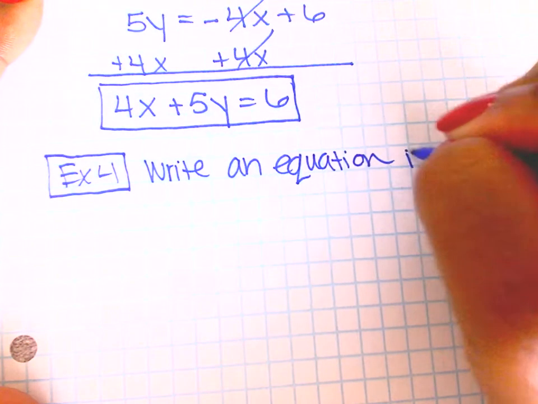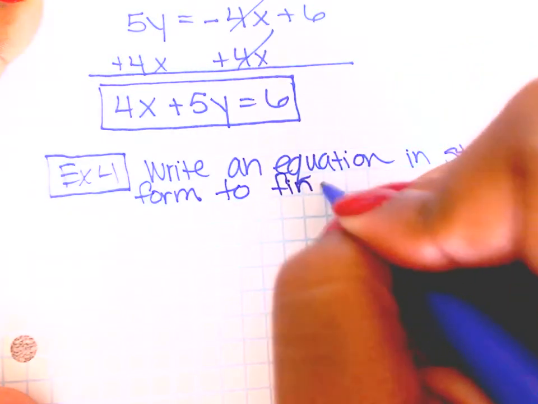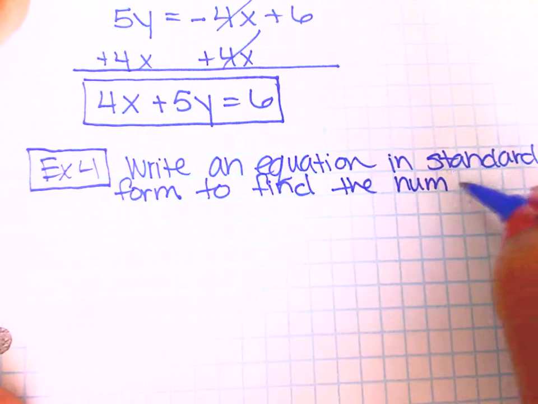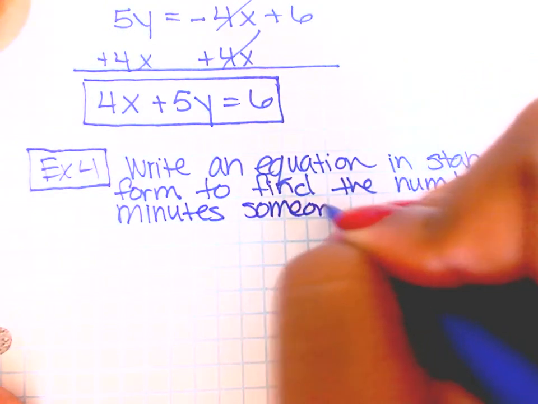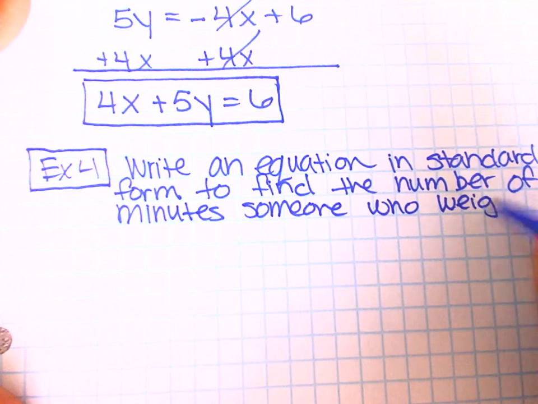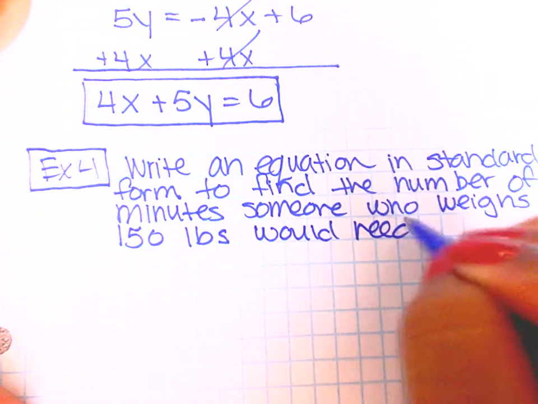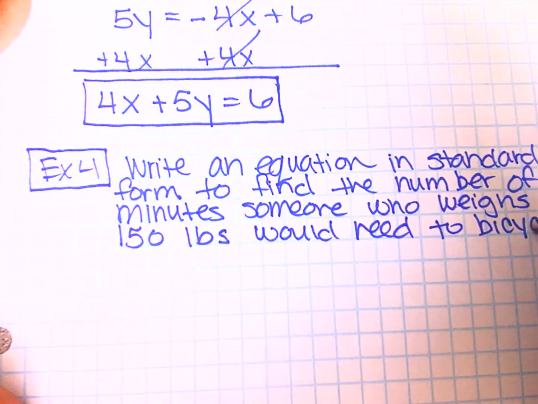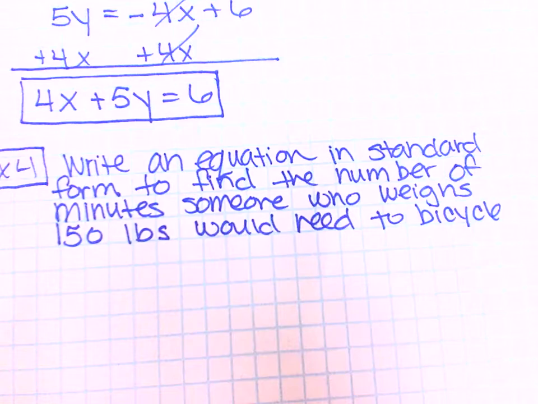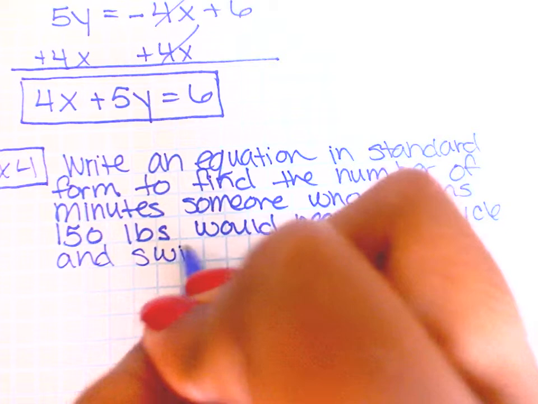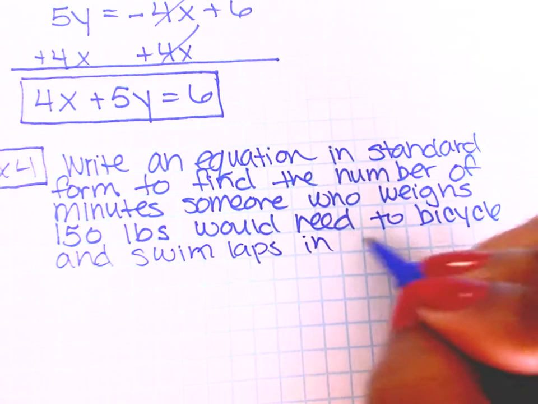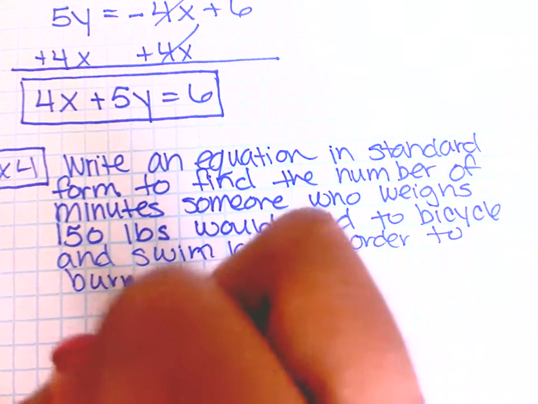Write an equation in standard form to find the number of minutes someone who weighs 150 pounds would need, we're almost there, keep writing, to bicycle, so this person wants to ride a bike, to bicycle and swim laps in order to burn 300 calories.